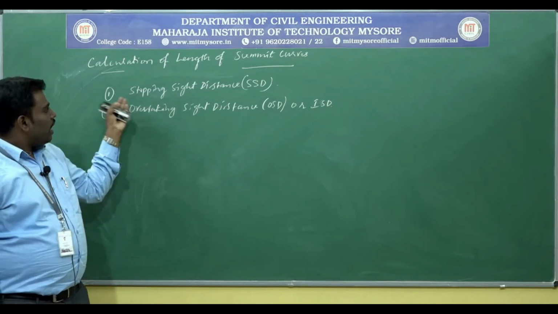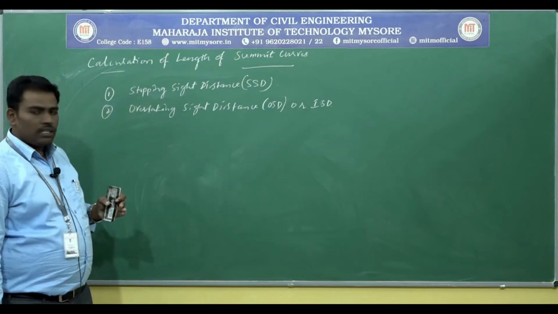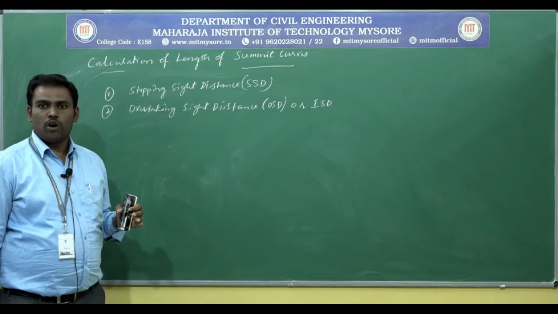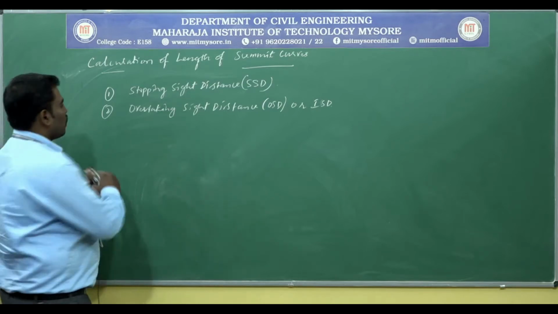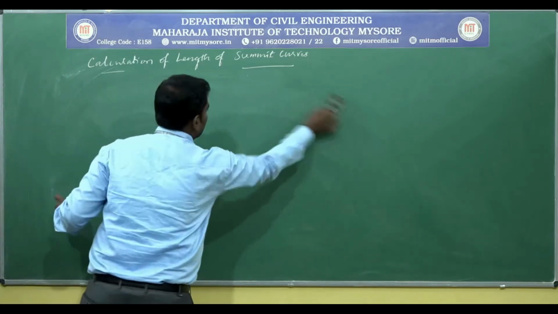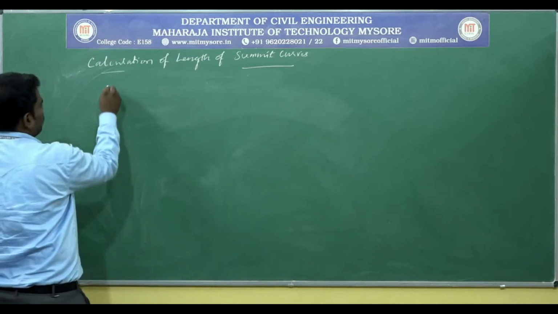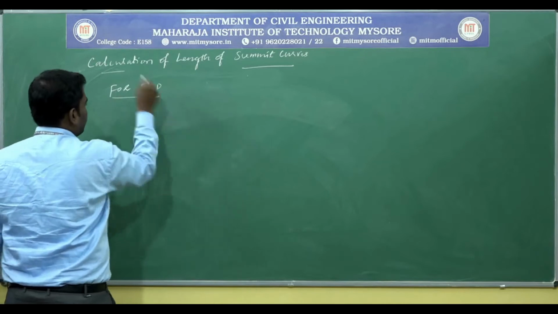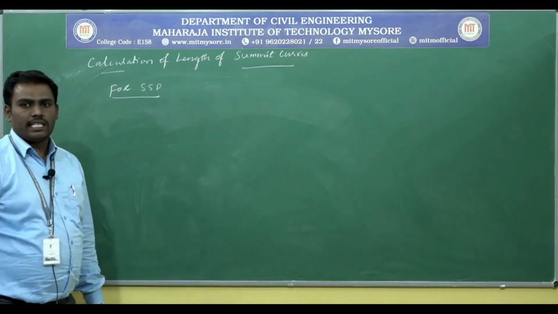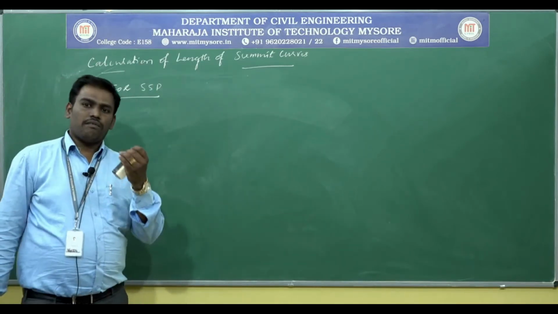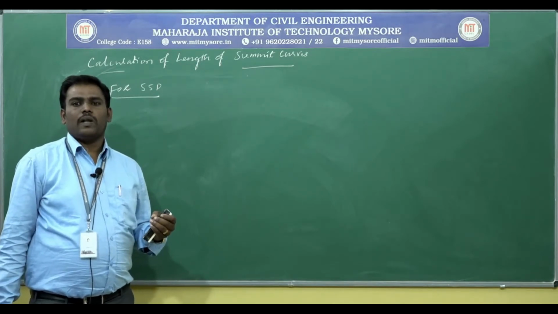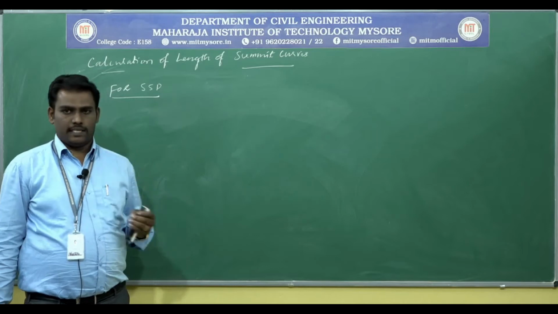Firstly I will take up the length of summit curve to fulfill the stopping sight distance. For SSD, the length of the summit curve will be calculated in two different cases.